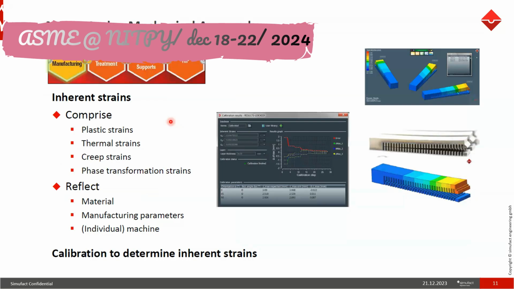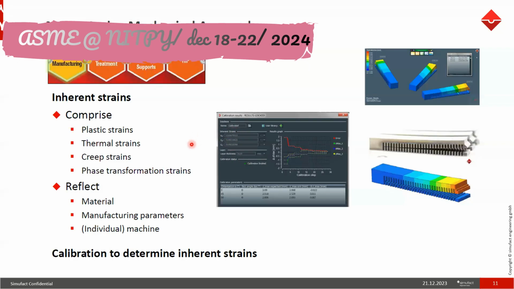One thing about the inherent strain method, or mechanical approaches, is that we will not be able to get the thermal history of the part, because we take all the thermal aspects into account indirectly in the calibration.